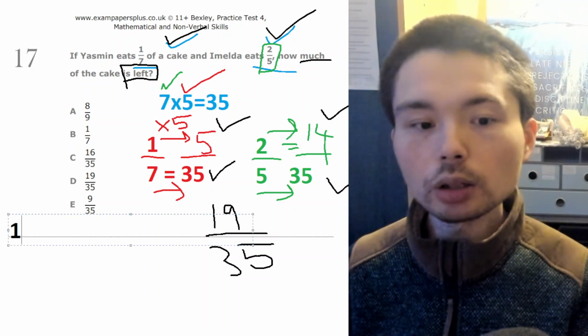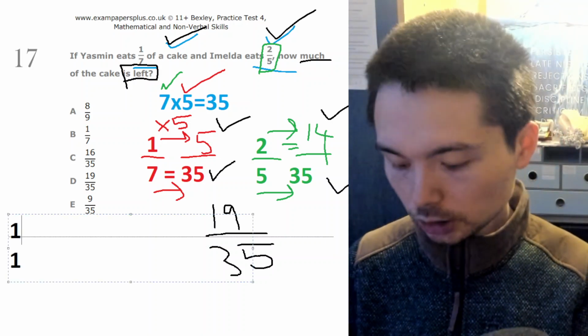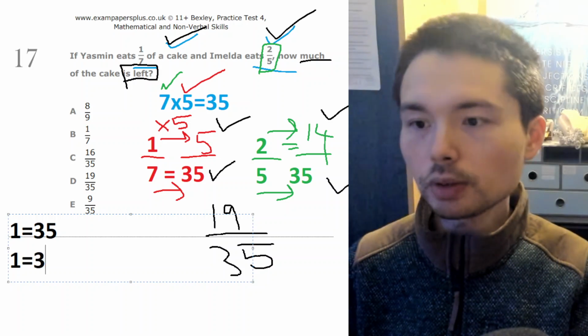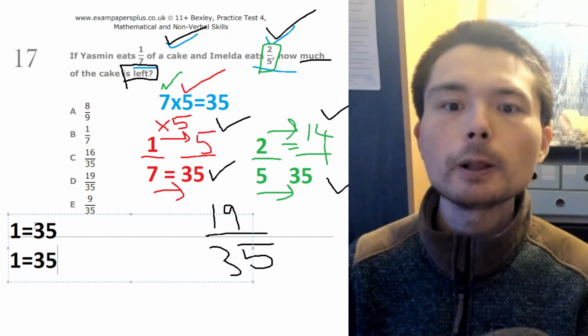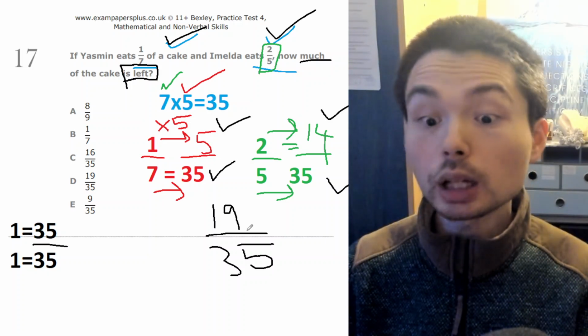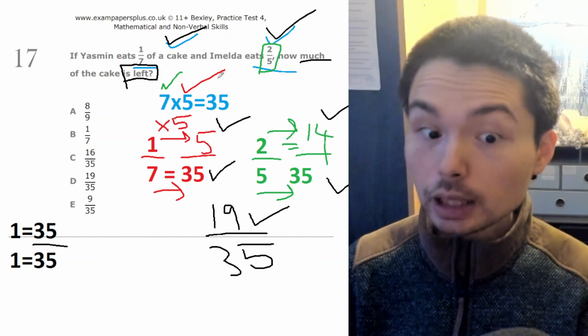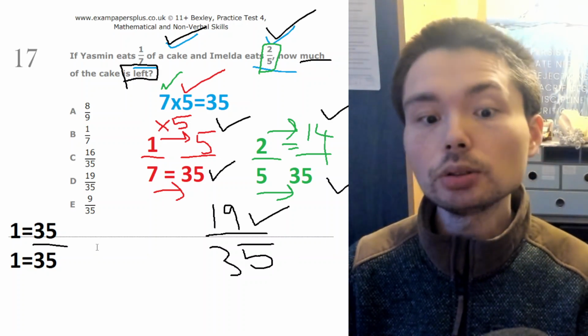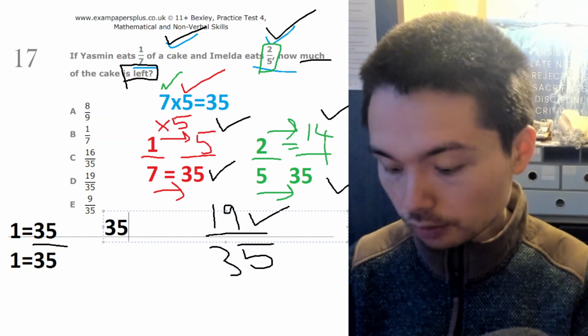We know that 1 whole is the same as 1 over 1, which is 35 over 35. Imagine a cake, and there are 35 really small sections. 19 have been eaten, so we want the rest, and to do that we need to subtract 35 minus 19.